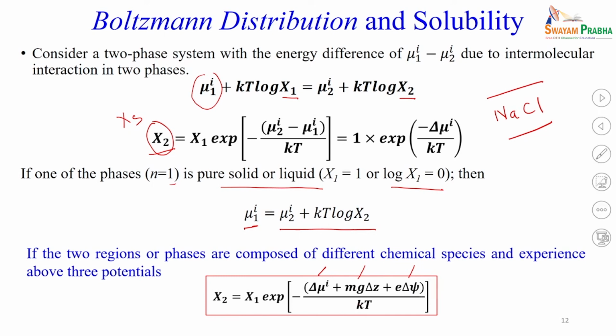If all three potentials are experienced, we can simply sum them up, and this is possible if the two different phases are composed of different chemical species. So, they can experience all three types of chemical potential. What you have to do is simply sum them up, that is it.